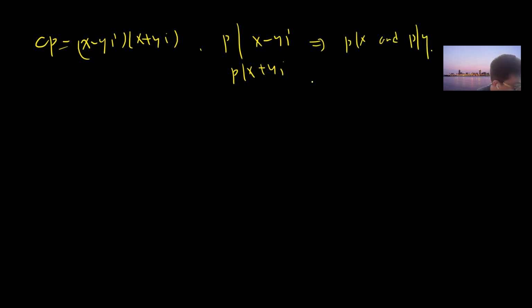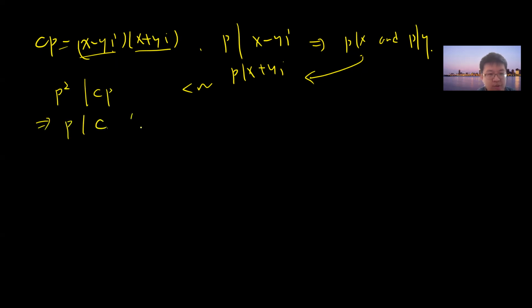But then if p divides x and p divides y, p will divide x plus yi. So p squared will divide cp, which will show that p divides c, which is a contradiction.